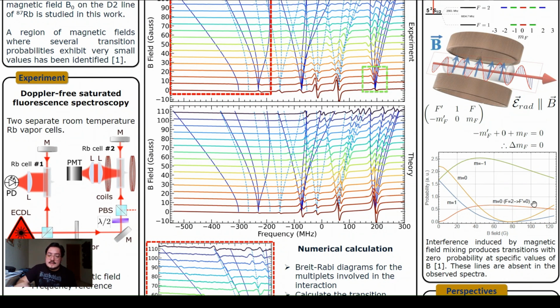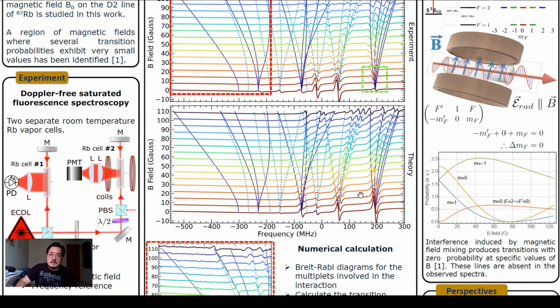There is a significant region of magnetic field values in which several transition probabilities have very small values, allowing the isolation of the F2 to F1 transition with m sub F minus 1 as a good candidate for magnetic field calibration. As we show in this graph, it is the green line with m equal minus 1 that we want for this magnetic calibration of the field.